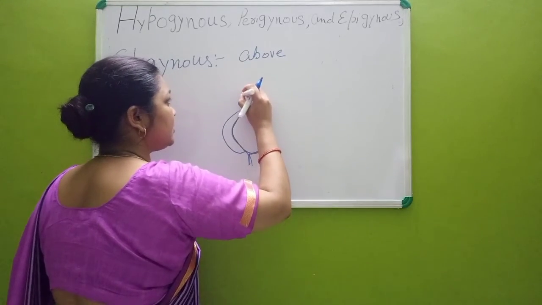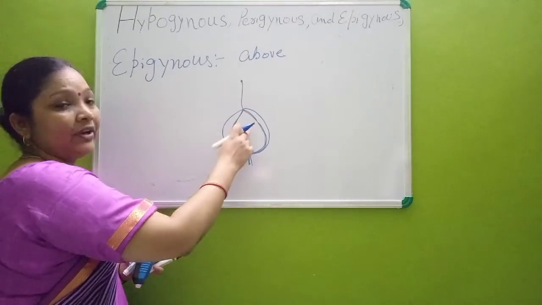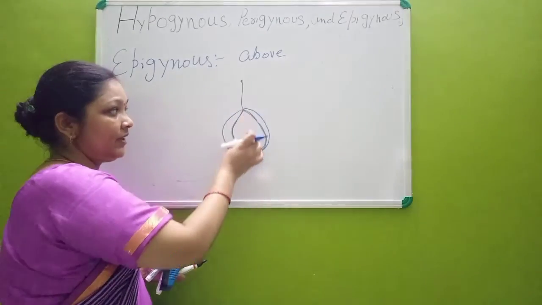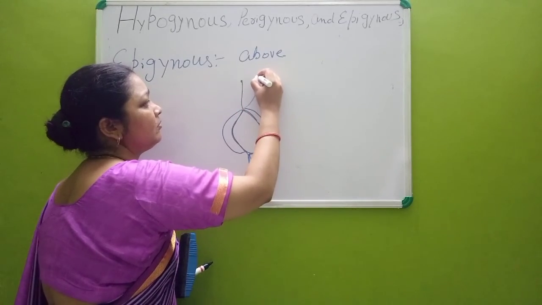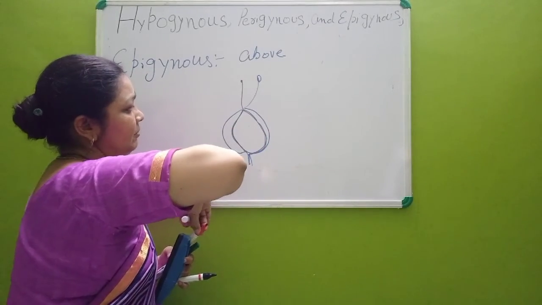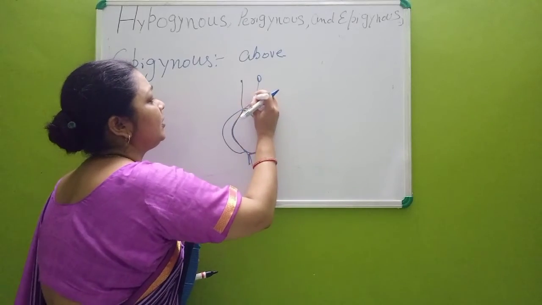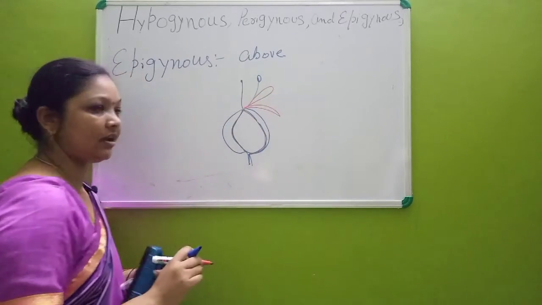And now this is the style and this is the stigma. Now the ovary is present inside this cover, that is below, and all the whorls are arising from above the ovary. That is, the stamen arises from here only, the petal arises from here only, the sepal arises.